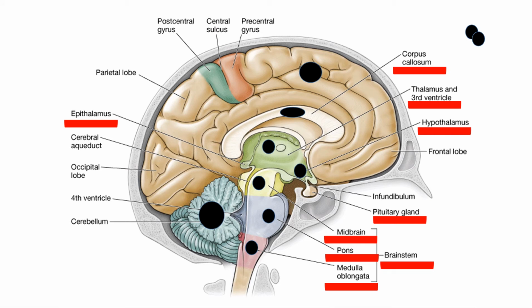This medulla oblongata is the structure between the pons and the spinal cord, and we will be talking about this later on. And these are the three parts of the brain stem: midbrain, pons, and medulla. Then posterior to the brain stem, under the occipital lobe of the brain, is the cerebellum.